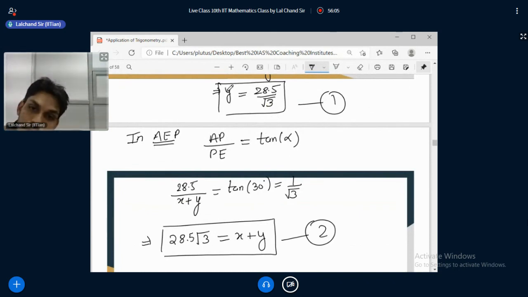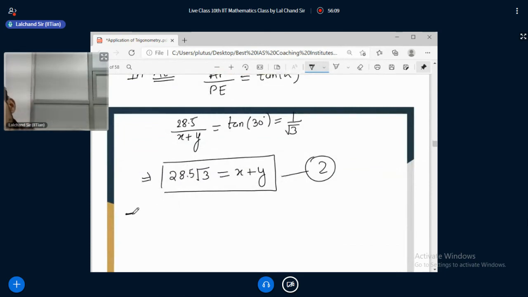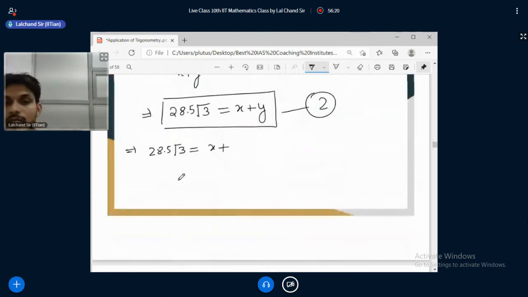If we substitute this y value in equation 2, then we have 28.5 root 3 equal to x plus the value of y, which is 28.5 divided by root 3, isn't it?